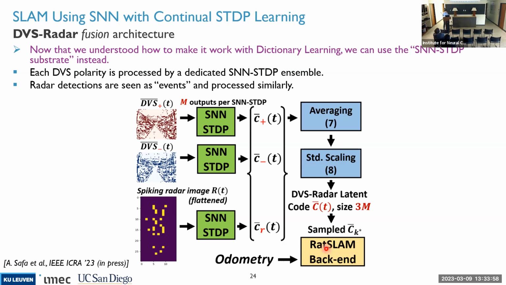I know that there are some works that have implemented the RatSLAM backend on neuromorphic chips. Of course, we also feed the odometry data. Odometry is basically the inertial measurement of the drone, so there is the forward velocity and the angular velocity.